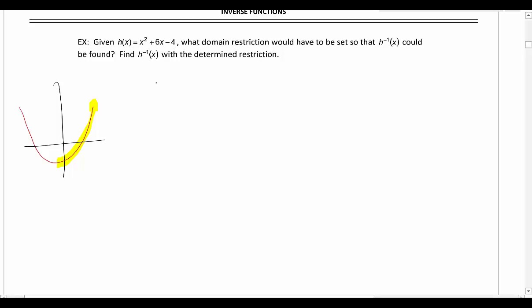Remember to find the vertex, the x-coordinate of the vertex will be negative b divided by 2a. That's negative 6 over 2 times 1. The x-coordinate of our vertex will be negative 3.